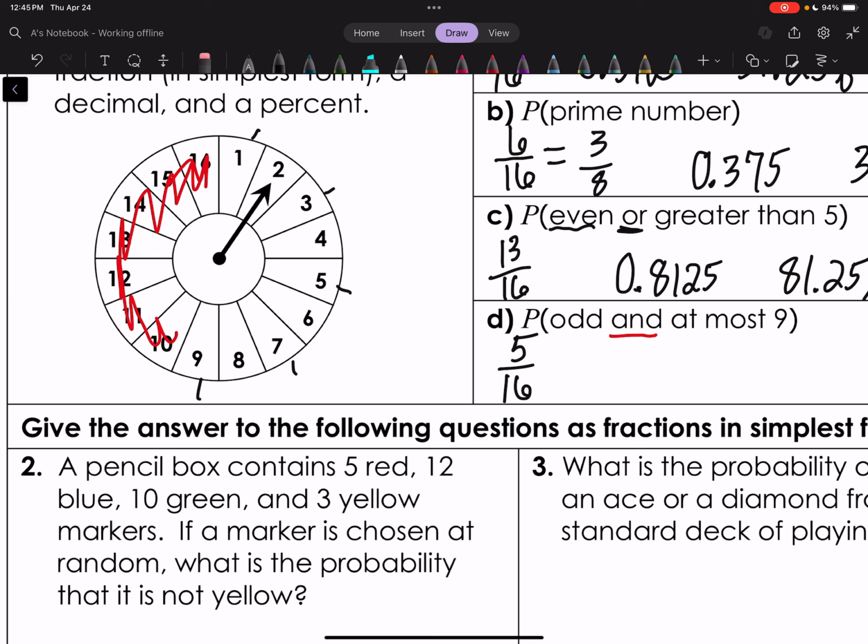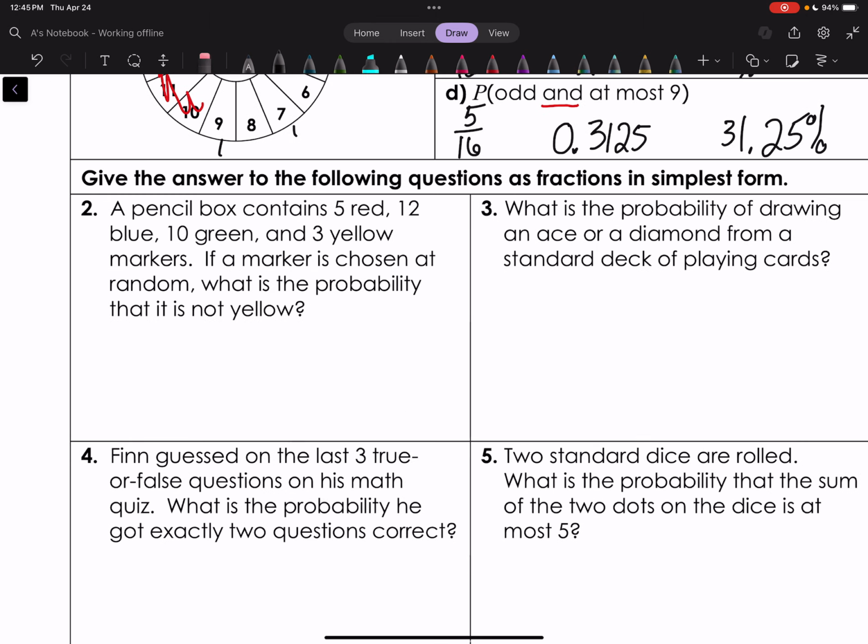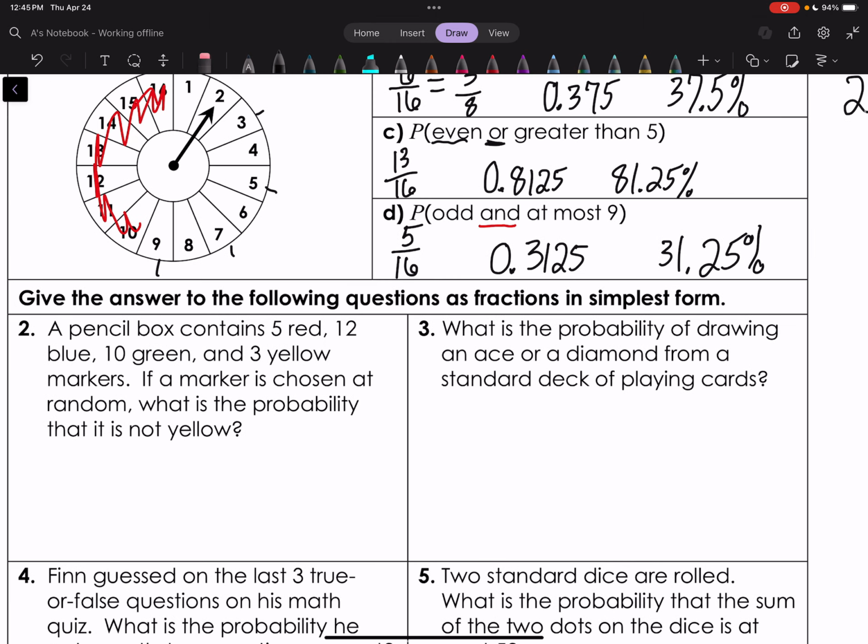So 0.3125, and now 31.25%. Okay, theoretical probability, there you go.